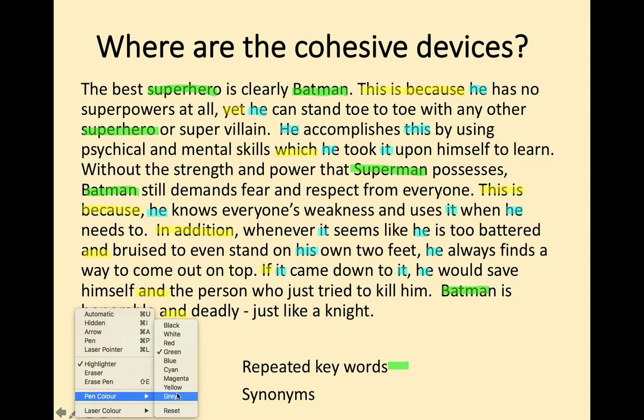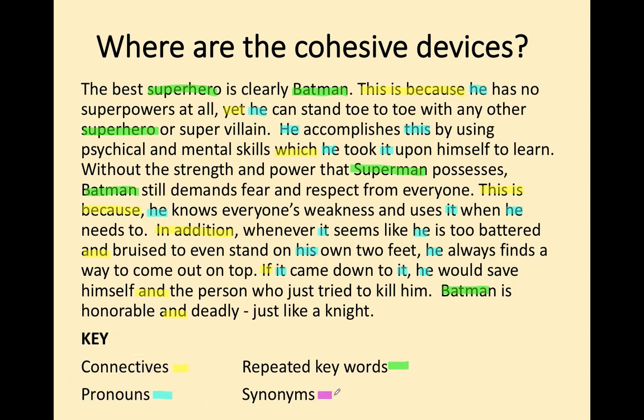Last one then we're looking for is synonyms, so I'm going to do that in pink. You might have found that these are harder ones to find. So remember, we're looking for words that describe but that are different words. So rather than using the same word over and over again, the person who wrote this is varying their vocab choice. So for example, we've got physical and mental.